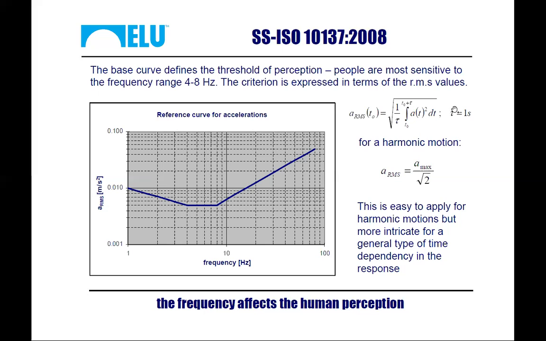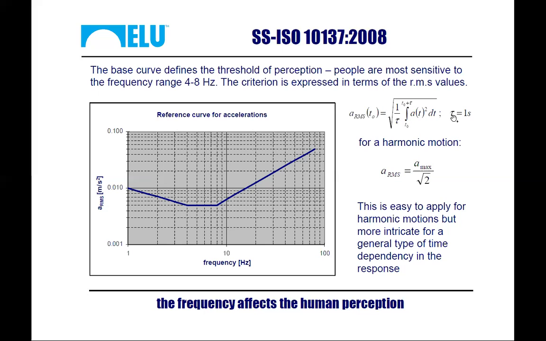The root mean square is defined here in the equation on the slide, so it's an integral over a period of time equal to tau. So an integral from t0 to t0 plus tau of the square of the acceleration. And this is then averaged by tau, which is the duration of motion we are considering.